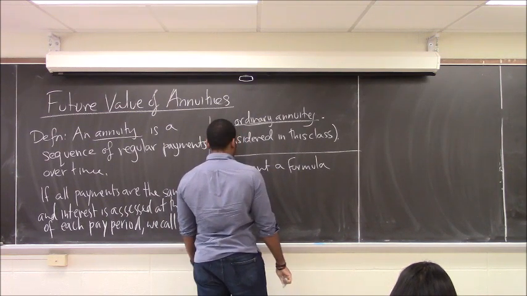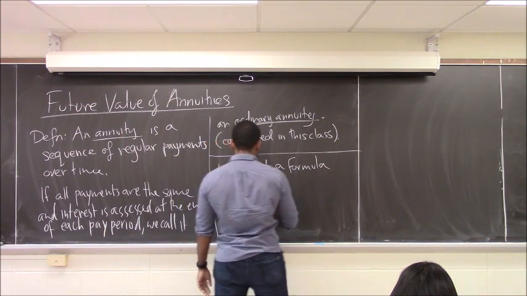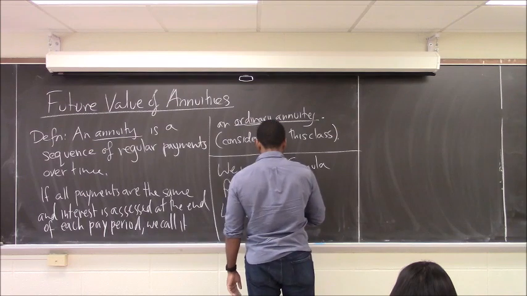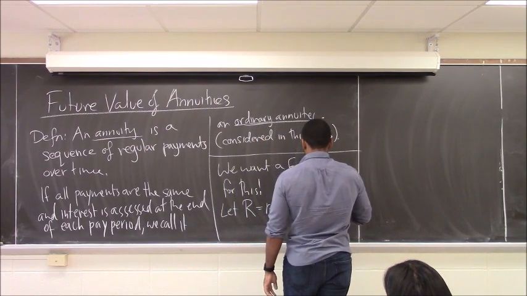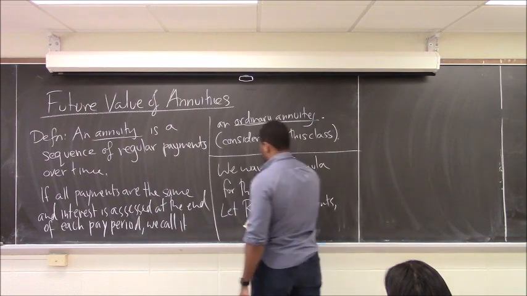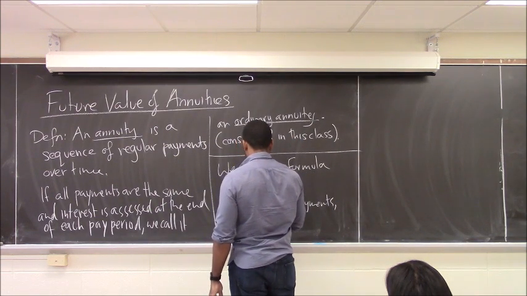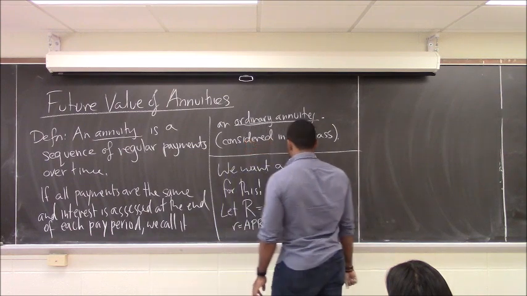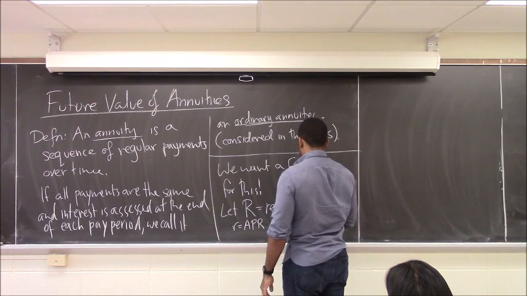So let's set up some variables. Let R be the regular payments. Little r be the APR. N number of times compounded.